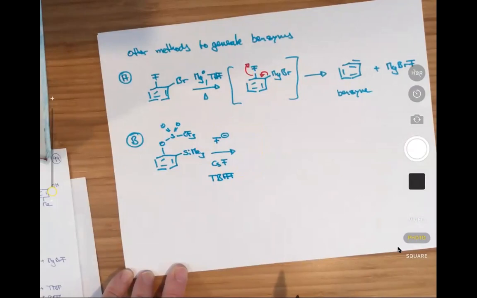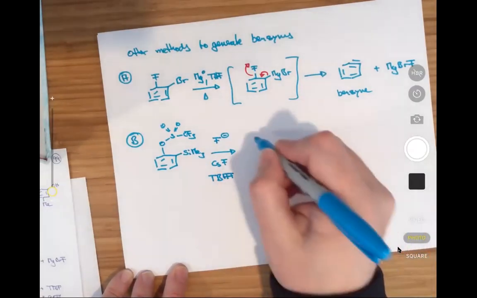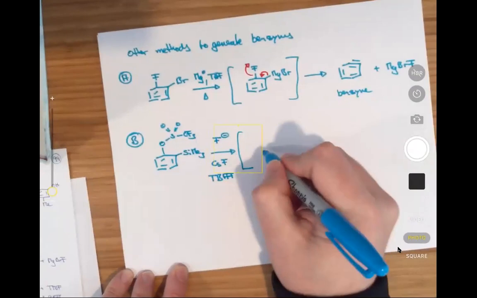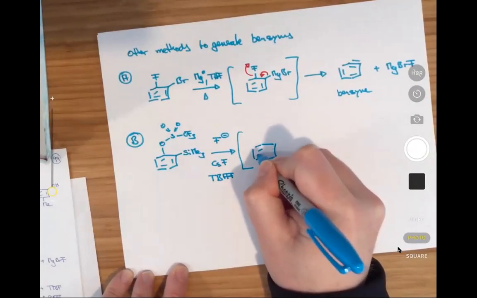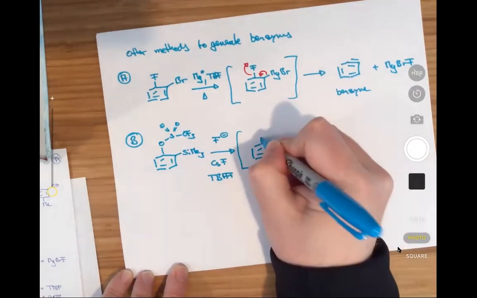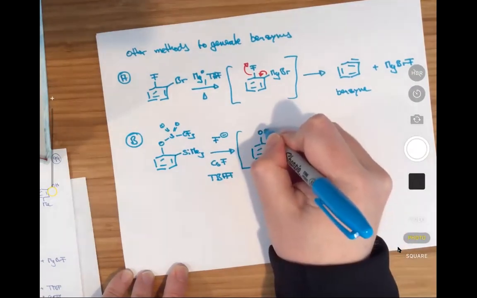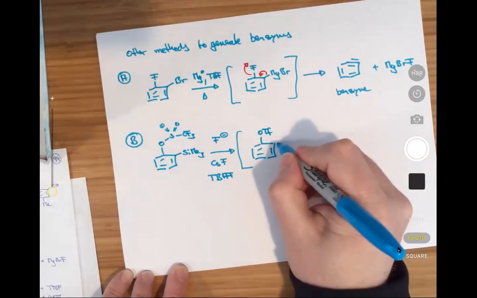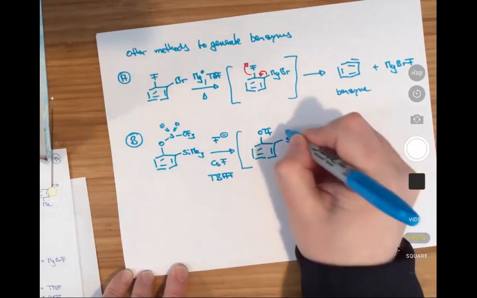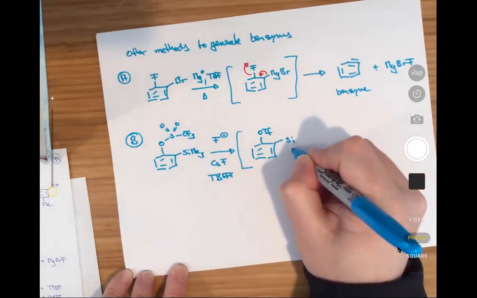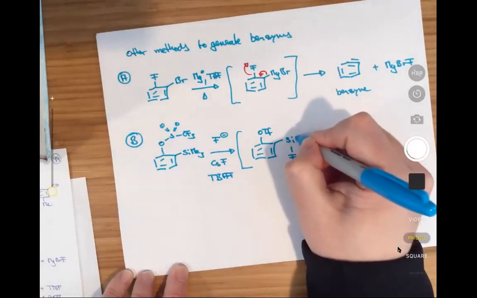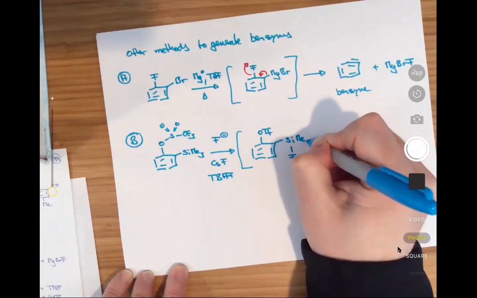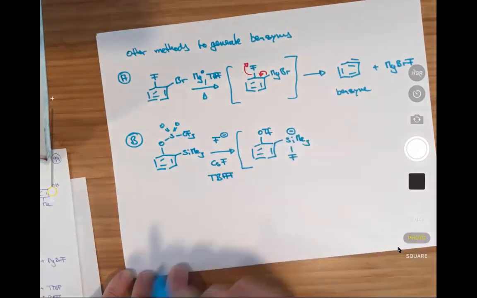And that will basically give you an intermediate where the fluoride has attacked the silicon. I'm going to abbreviate this here as the triflate, OTf. And then you have silicon, and it has fluorine on there now, and still Me3. Of course, this is now a negative charge here.